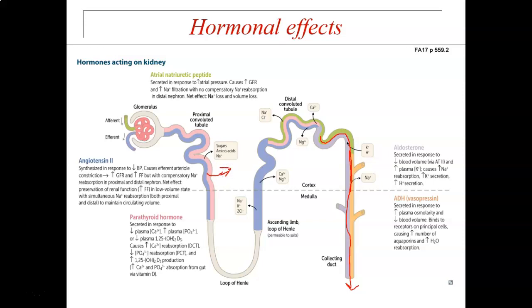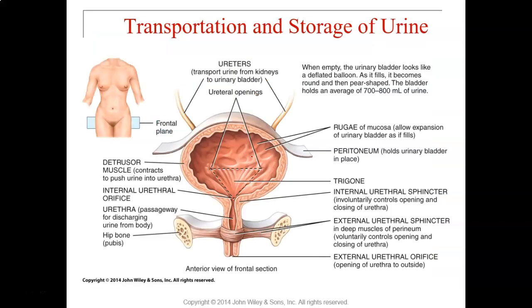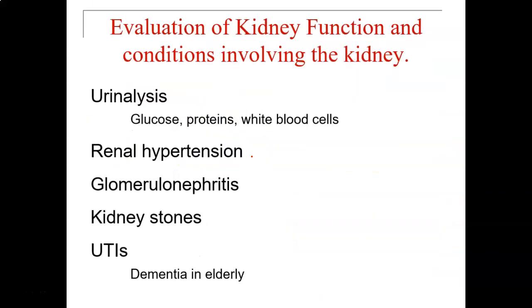Our body can absorb 160, 170-ish grams of glucose. So if we have more than that, as in an uncontrolled diabetic where it's much higher, then we can't absorb that much, so it has to remain in the tubule. If it remains in the tubule, that's where it then remains in the urine. Do a urinalysis, say, hey, you have glucose in the urine, do a diabetic workup, or some other pathologies going on.